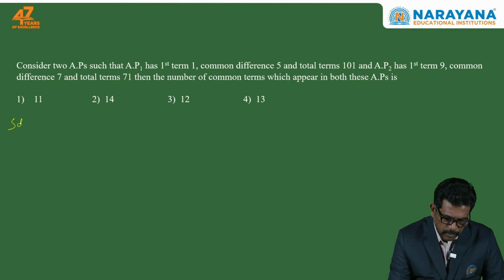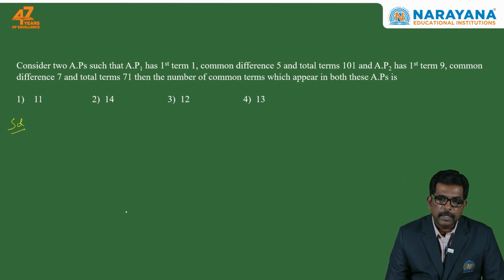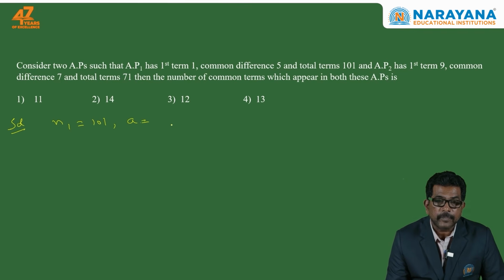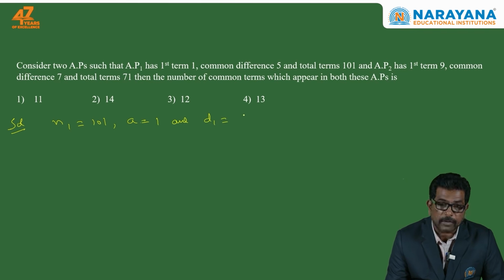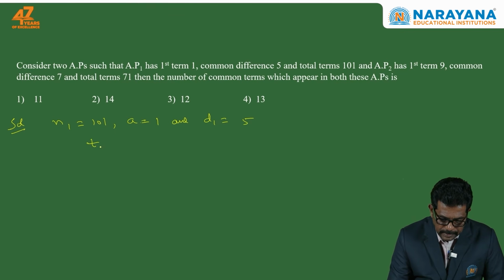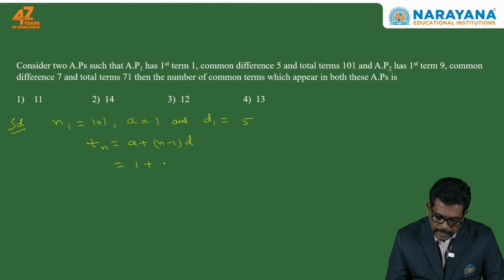First we are going to find the first AP. For the first sequence, the number of terms, suppose n1, is equal to 101, the first term a is equal to 1, and the common difference d1 is equal to 5. The nth term formula is Tn is equal to a plus n minus 1 times d. So Tn is 1 plus n minus 1 into d.